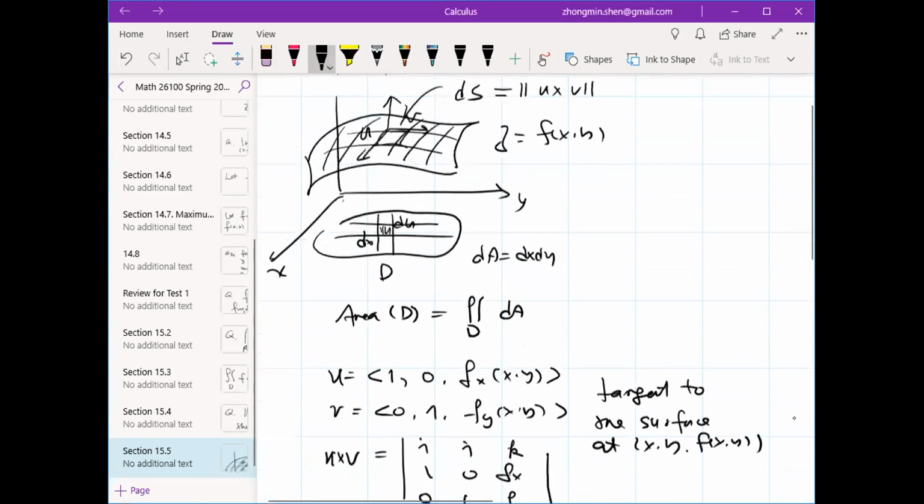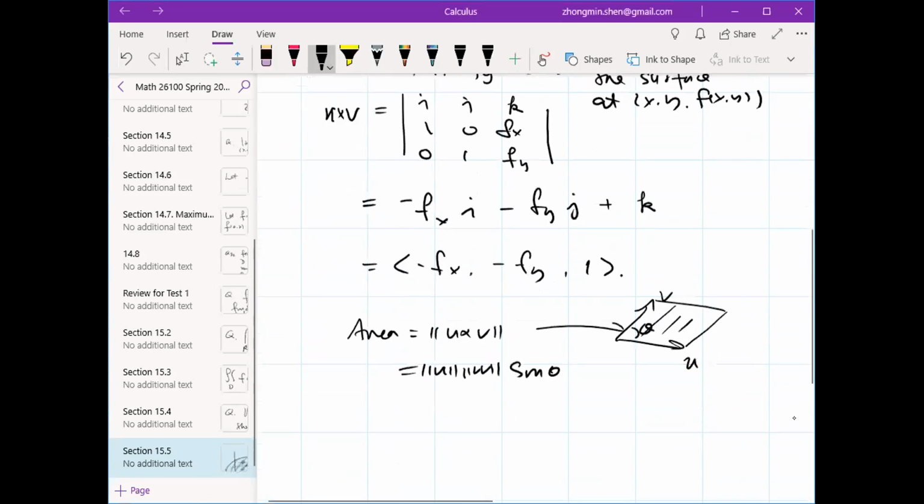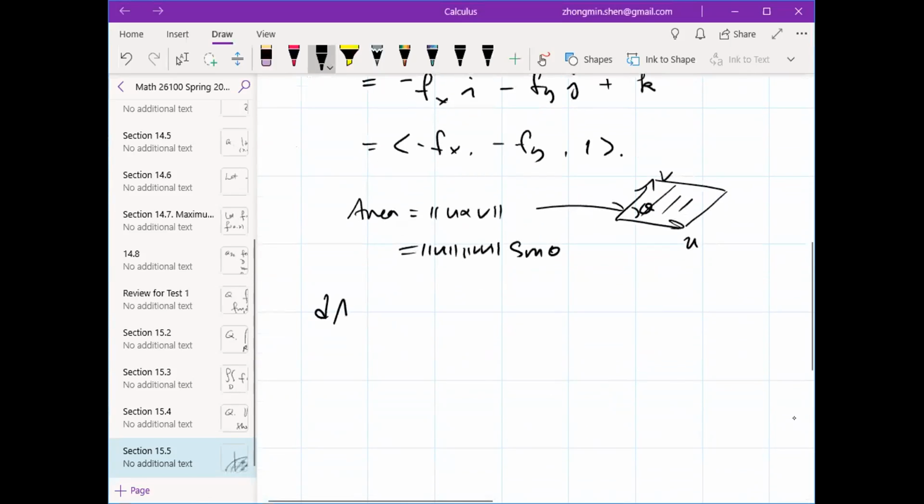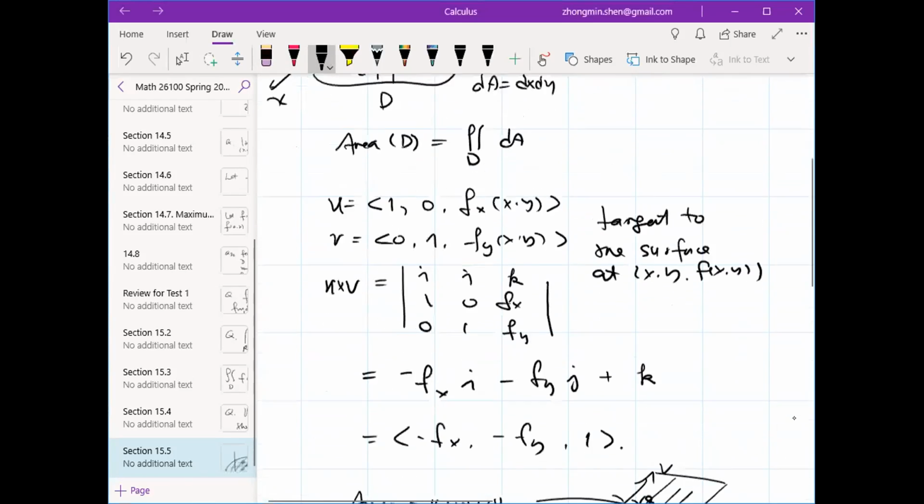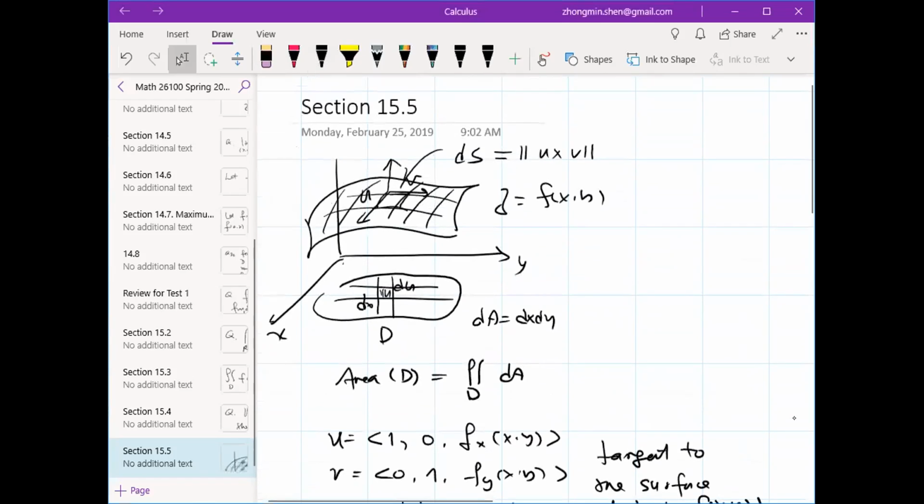And now we see that ds, the small surface area is going to be this. And not only that, actually it's a tangent vector, so I have to multiply it by dx dy, so dA.